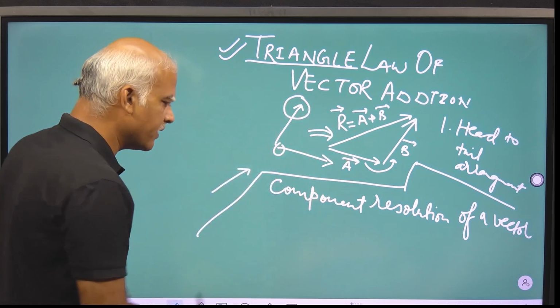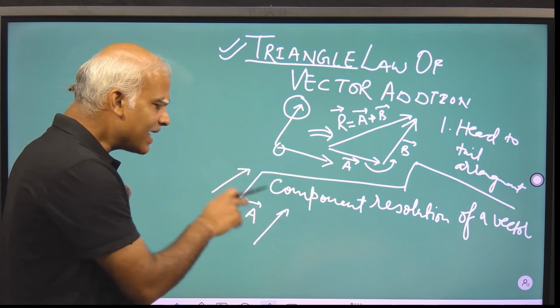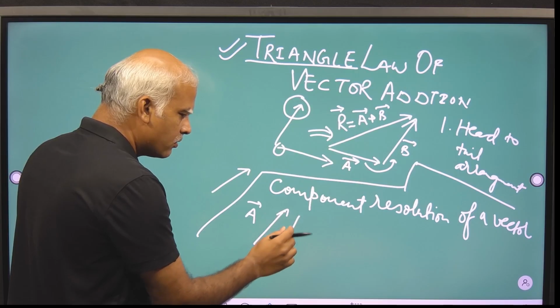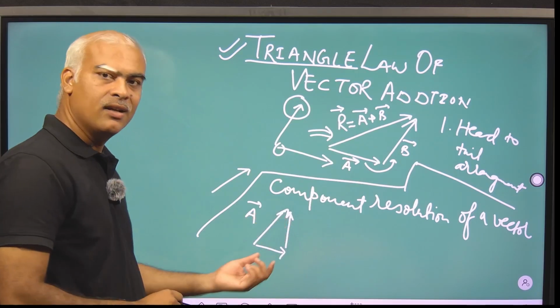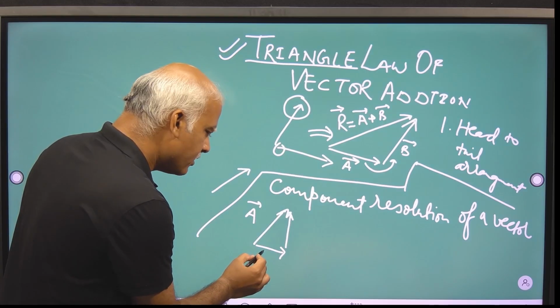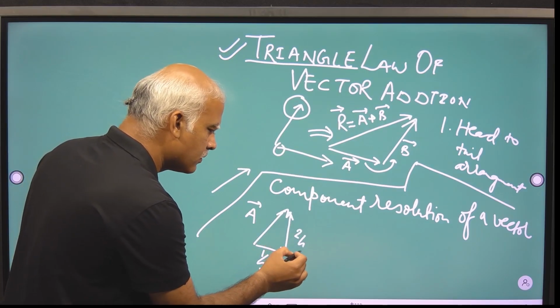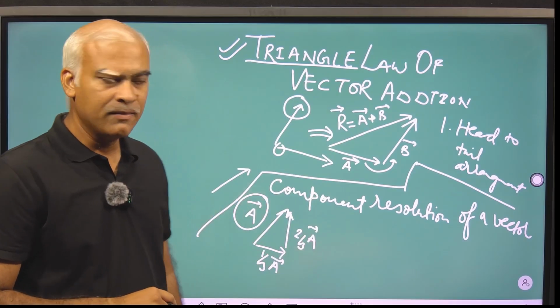two vectors. So if I am drawing a vector A, for example, then that vector can have two different vectors which basically get added to give you a resultant vector, that is our own vector. What does it mean?